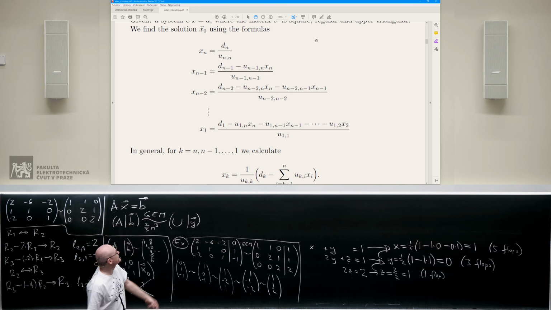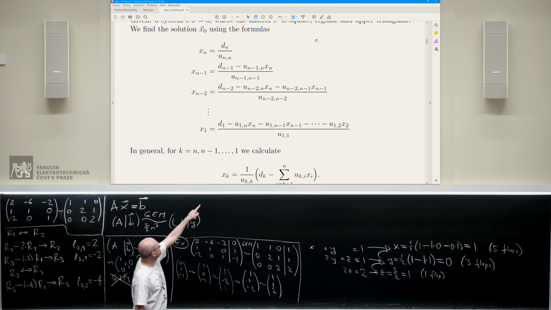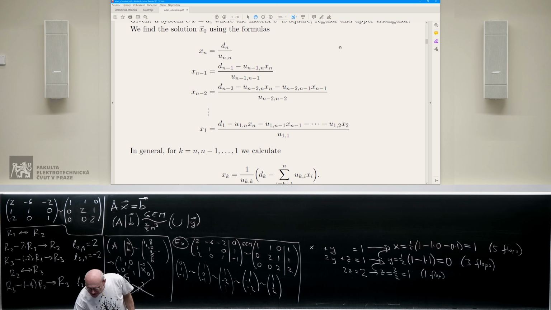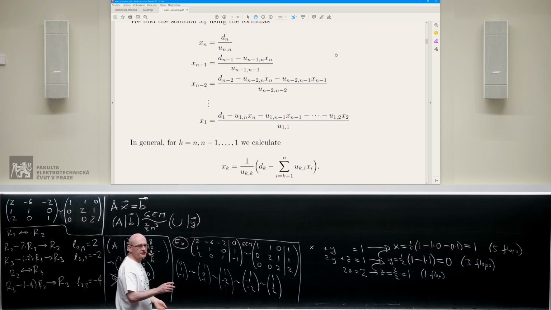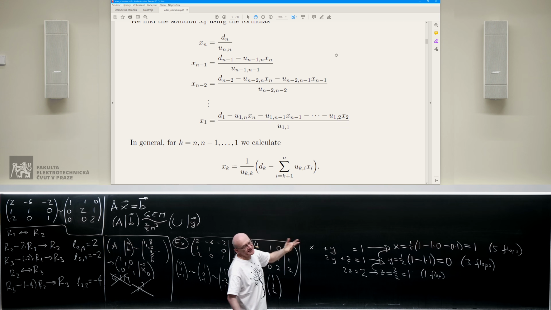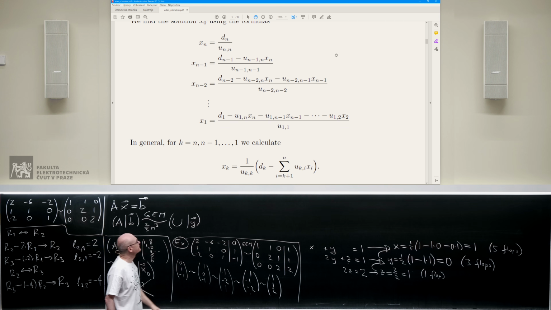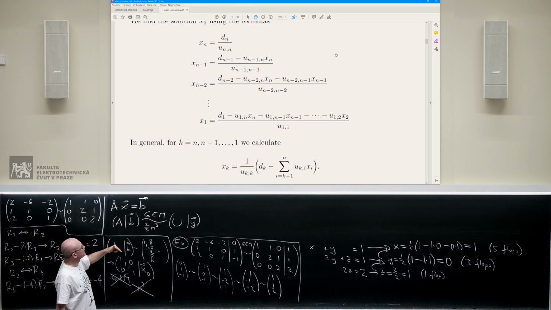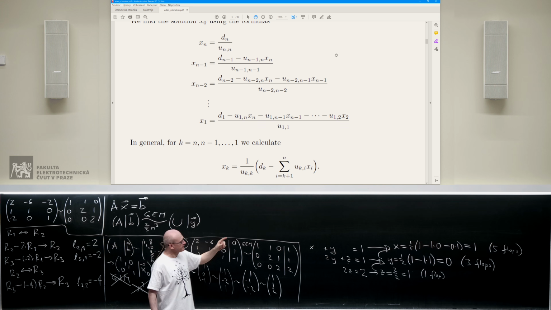Here, you can see them in the long form, and here you can see them in the shortcut form. So it's essentially just a matter of 1 or 2 cycles, depending whether you understand summation as a cycle or not. Nothing more to it. So this backward substitution is a very efficient way to solve upper triangular systems.